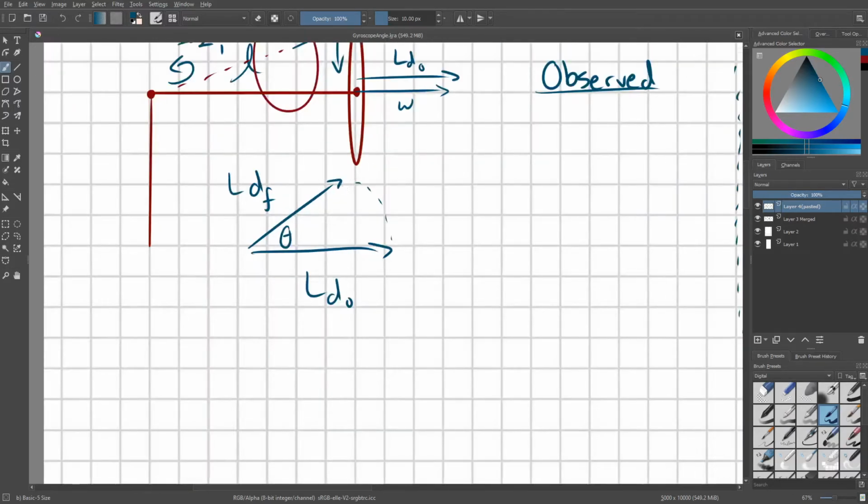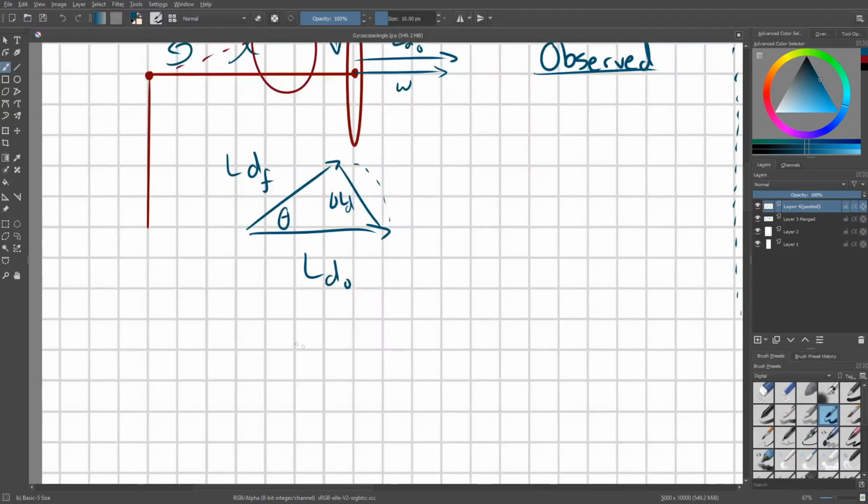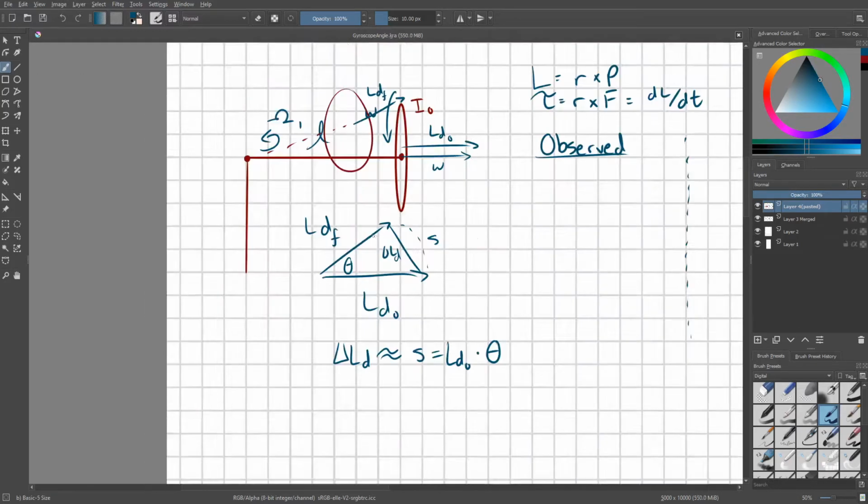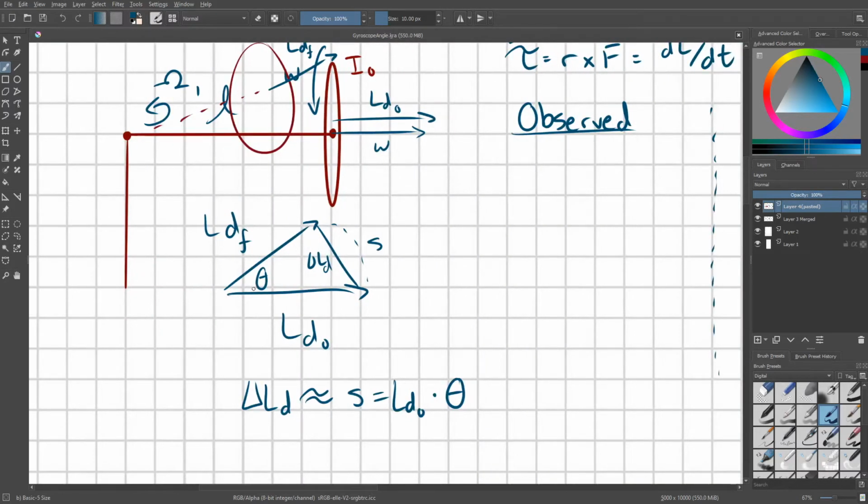Now, this length here is delta L_D. Delta L_D is about the arc length, which I'll call S. We can write S as L_D naught times the angle it traverses, theta. The smaller that this angle gets, right?